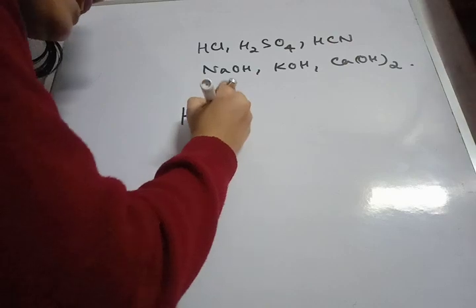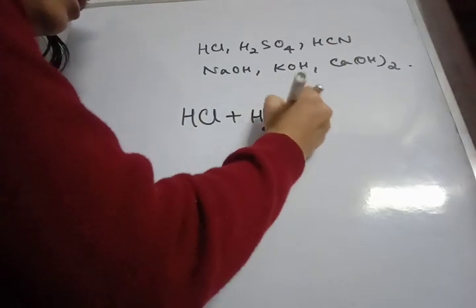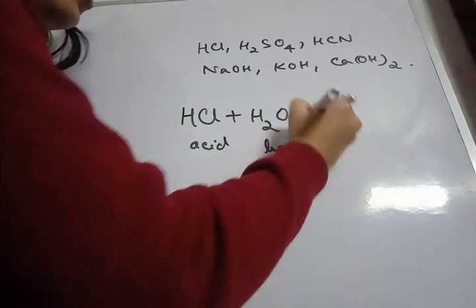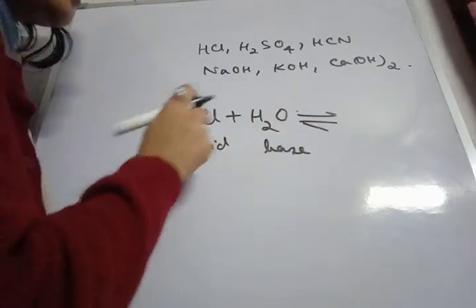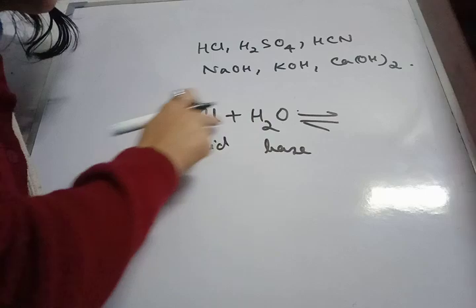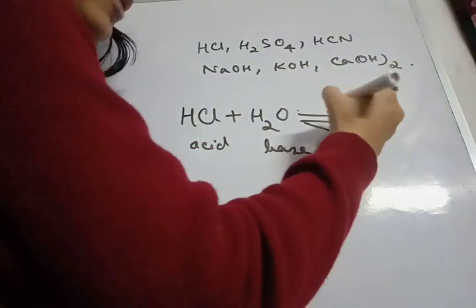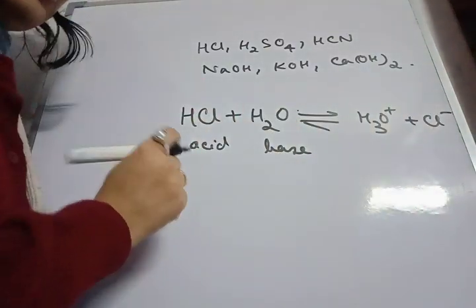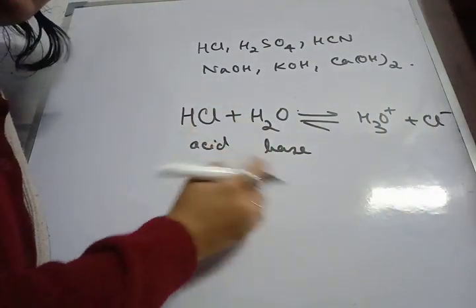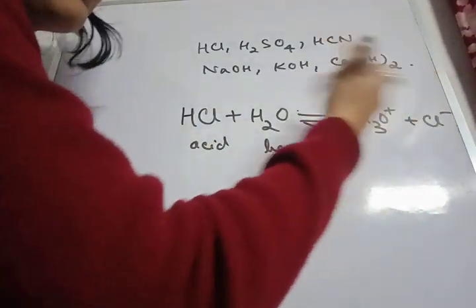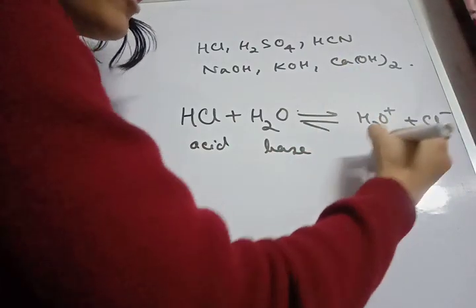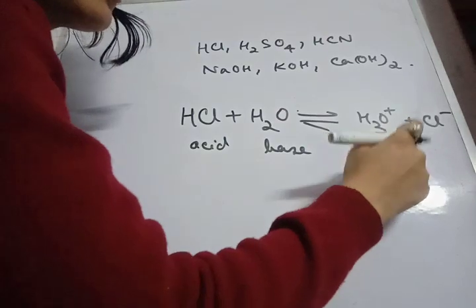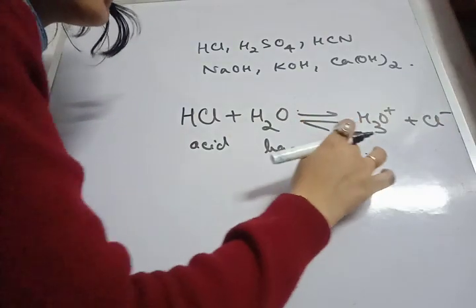For example, if I take HCl and H2O, here definitely HCl is an acid and water is a base. So acid is what? It is a proton donor. So it will be donating H positive to whom? To H2O, forming hydronium ion and Cl negative. So this is my acid and base. Now if I consider the backward reaction, these are the conjugates, out of which one will be the conjugate acid, the other one will be the conjugate base.